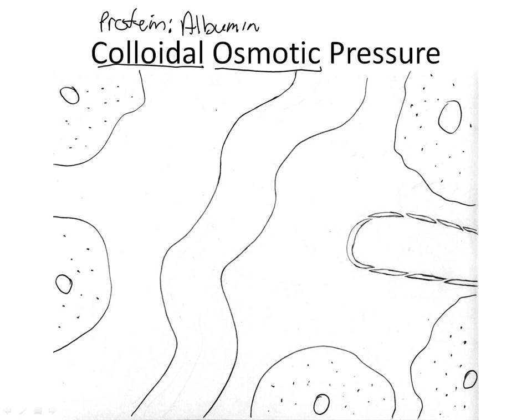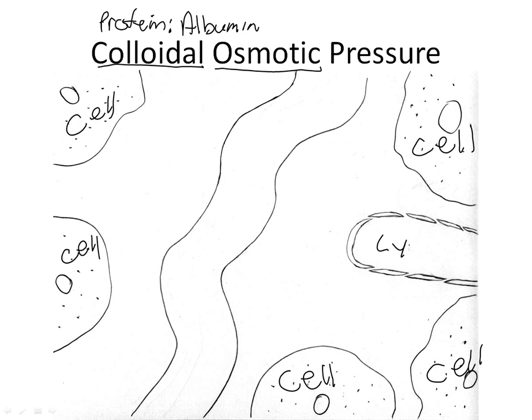So albumin in the blood vessel is causing an osmotic pressure. Using this picture right here, this is going to be a cell, this is going to be a cell, this is going to be a cell also. Here's a cell. That's a cell. This is actually a lymph vessel.